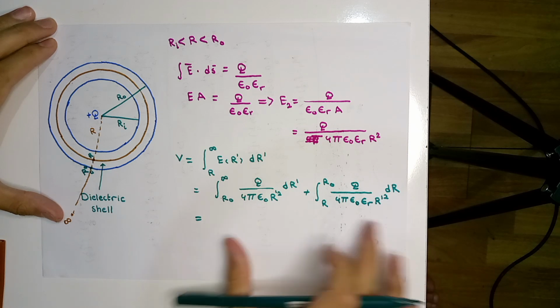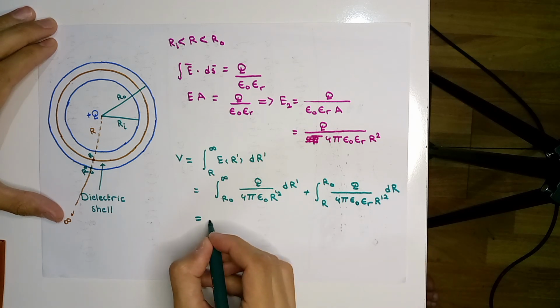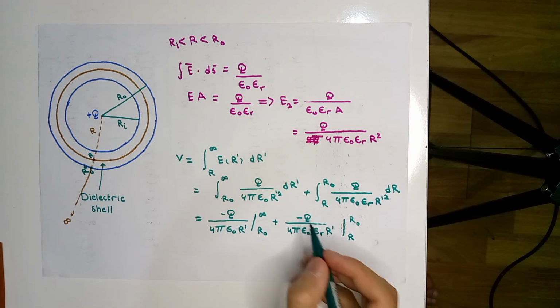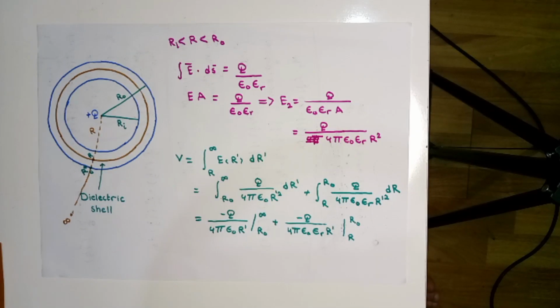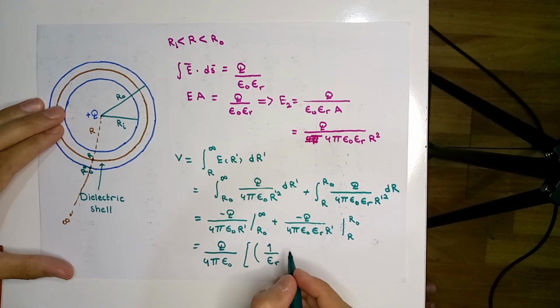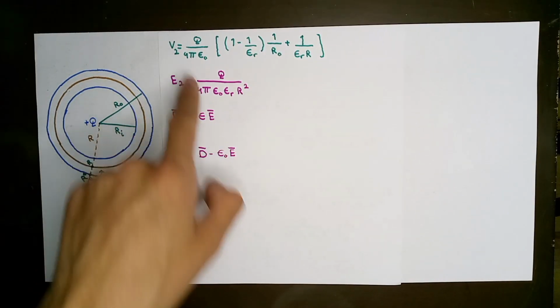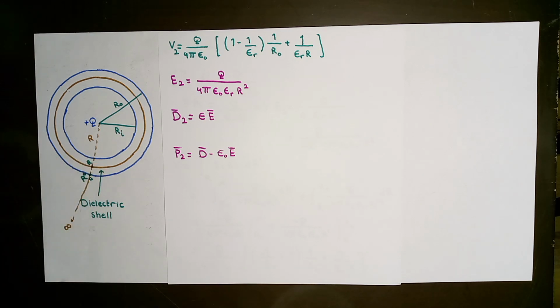Now we are ready to take the integral. What we are going to do right now is assign infinity and r sub o for r primed in this formula, and I'm not going to waste your time with the basic algebra, so I'm just going to write the answer directly. As we see, we calculated the electric potential inside this region.